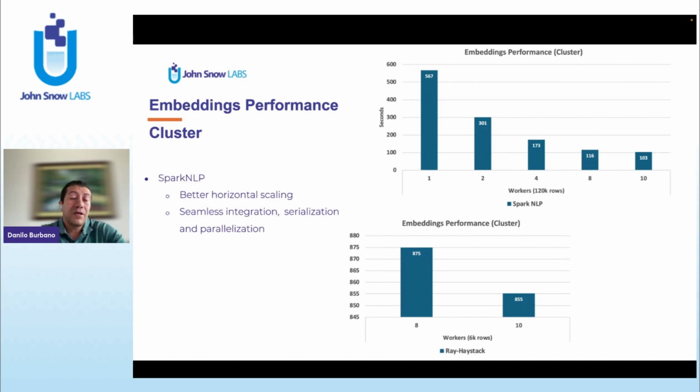While I have to be honest, my knowledge of Ray and Haystack is not extensive, there may be opportunities to optimize their performance through additional parallel processing techniques. However, it's important to highlight the seamless scalability of Spark NLP, which is inherently simple due to its native integration with the Spark engine.